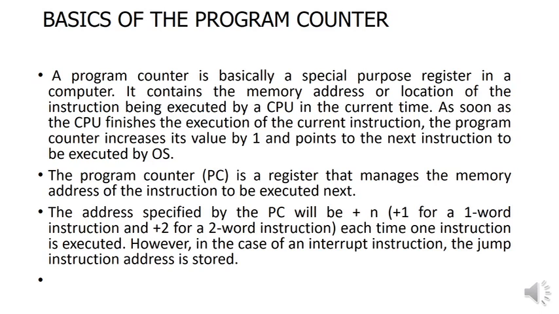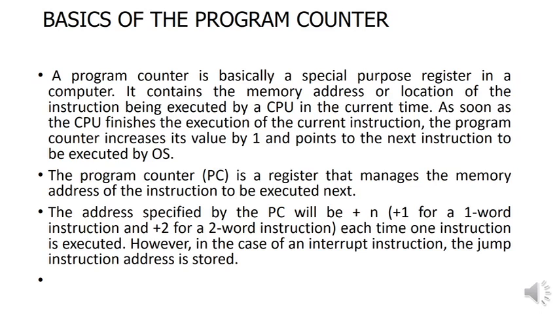Listen now, we have said in the introduction that it increments by 1. So as the processor carries out the execution of instructions, what does the program counter do? As soon as the CPU finishes the current instruction, the program counter increases its value by 1 and points to the next instruction to be executed by the operating system.